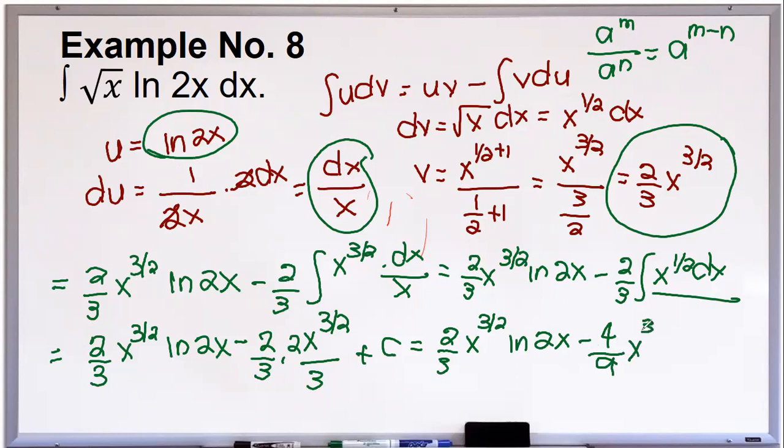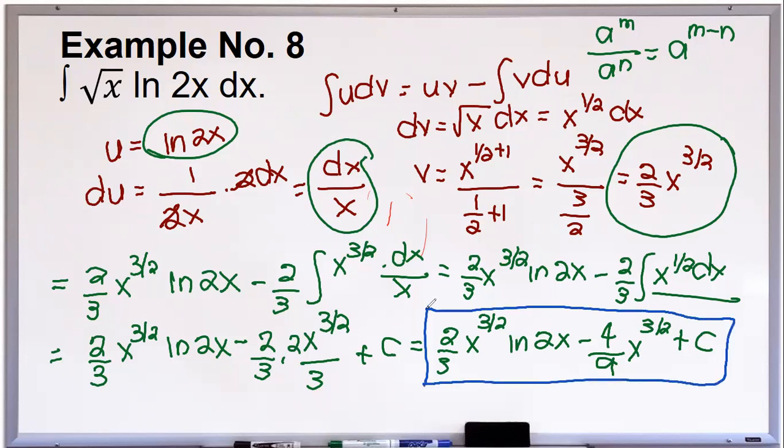X raised to 3 over 2, then plus c. Okay, so ang answer natin for this particular problem is 2/3 x raised to 3 over 2 ln of 2x minus 4 over 9 x raised to 3 over 2 plus c.